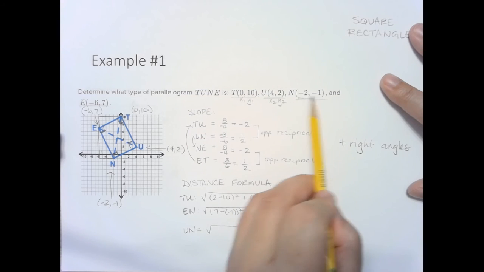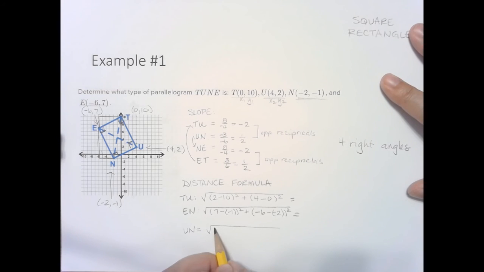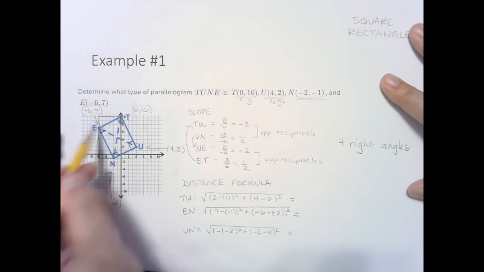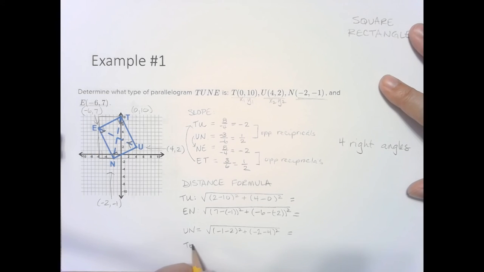And then now I'm going to do U to N. So U to N is these 2 points. So -1 minus 2 squared plus -2 minus 4 squared. And then I need to do the opposite side, T to E, and it could have been E to T, it doesn't matter, you guys.